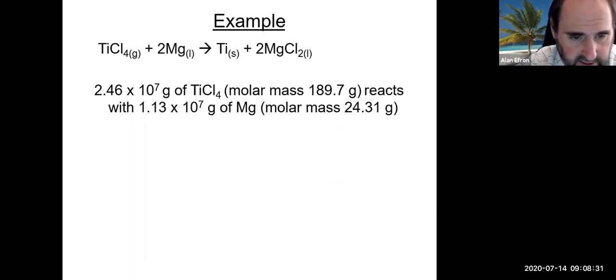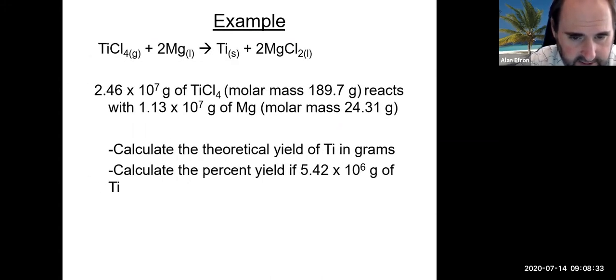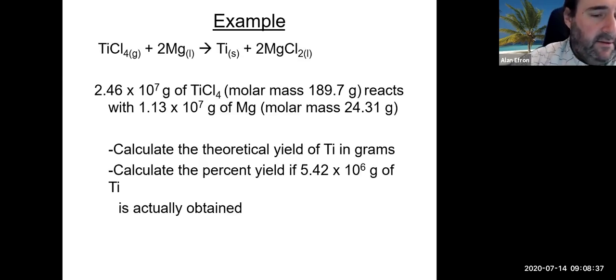All right, why don't you try this one here and see what you come up with. So if you take 2.46 times 10 to the 7 grams of TiCl4, molar mass from the periodic table, 189.7 grams per mole, and magnesium, which is 24.31 grams per mole.